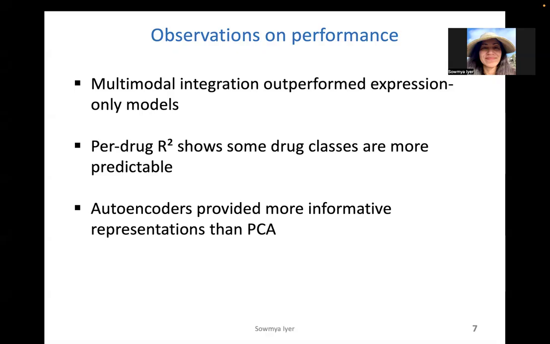With each, there was incremental improvement in performance. Per-drug R squared shows that some drug classes are inherently more predictable than others. Autoencoders provided more informative representations than PCA alone. I tried PCA alone, and autoencoders made a huge difference.